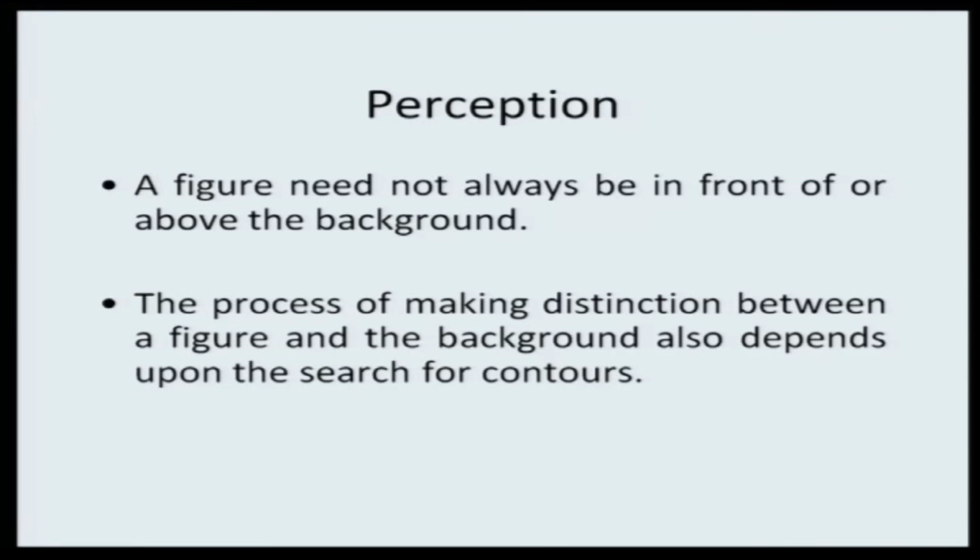Reversible figure means if you look at it from one point of view, then you see another type of impression emerging. So half of the figure becomes the background and the remaining half becomes the figure, and then it keeps changing. Depending on what you consider as background, the figure changes, but that we would see a little later. Right now, we are again looking at the strength of the signal.